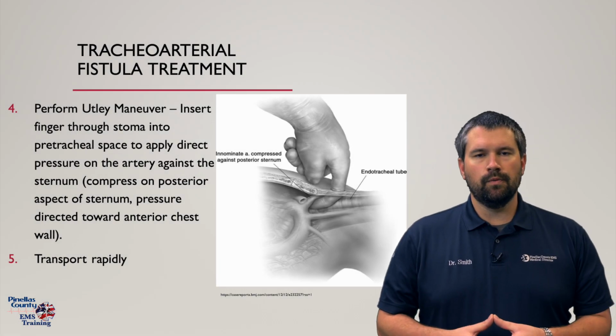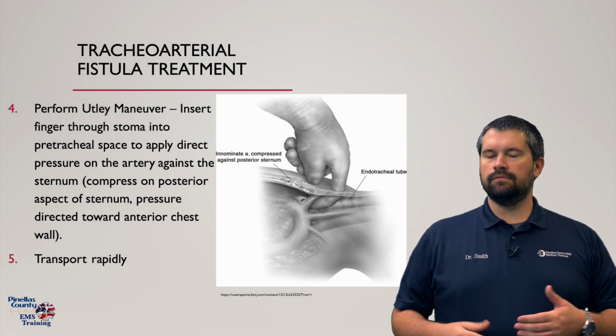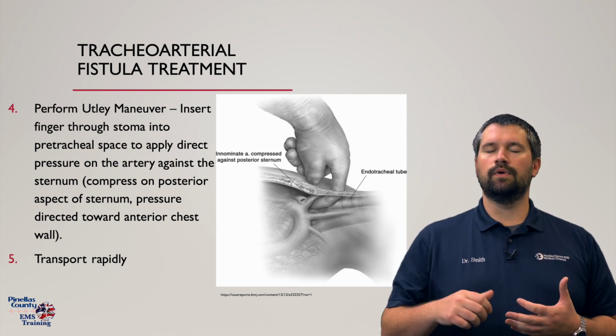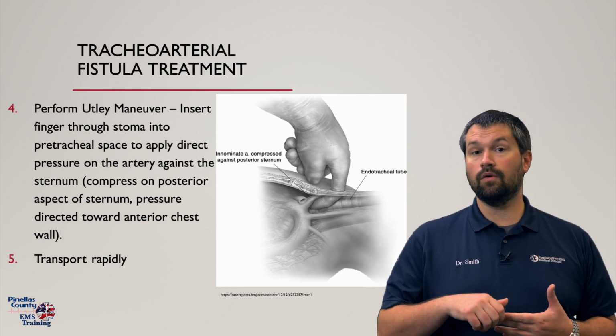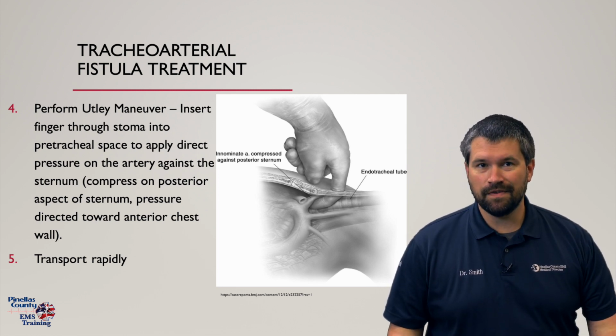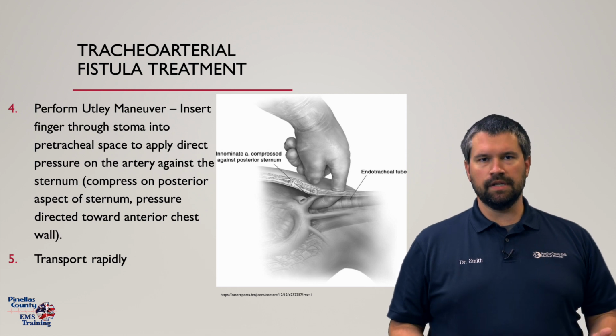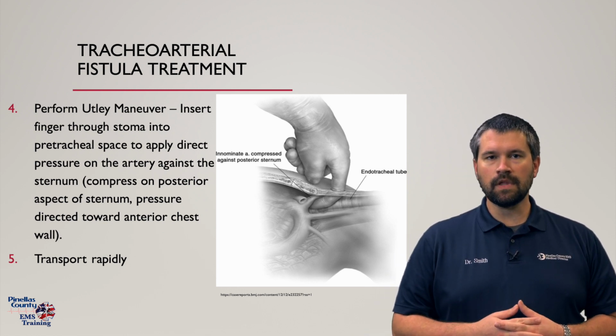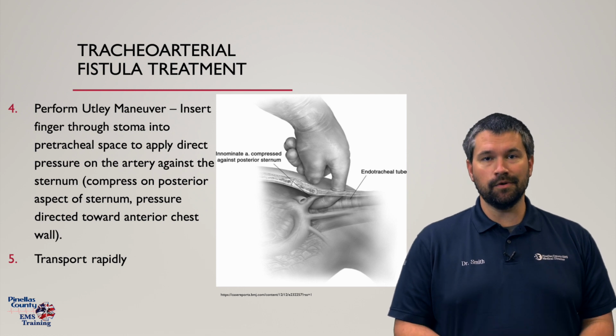So there is a maneuver we can do at this point. Up to now, we have secured the airway. We have either intubated orally, or we've placed a tube beyond the bleed, or we've blocked off the bleed with a cuff. Well, if all of that's failed, what else can we do? There's still the issue of the bleed. It's an arterial bleed. The patient could lose a significant amount of blood. You can actually perform what's called the Utley maneuver.